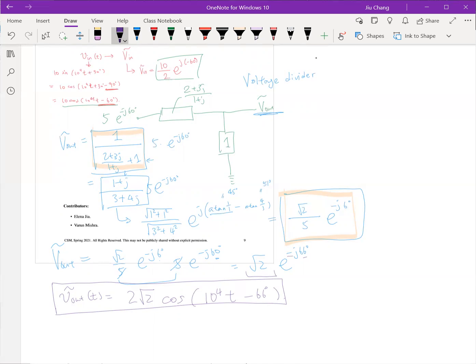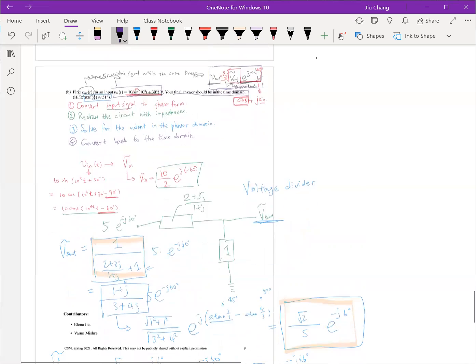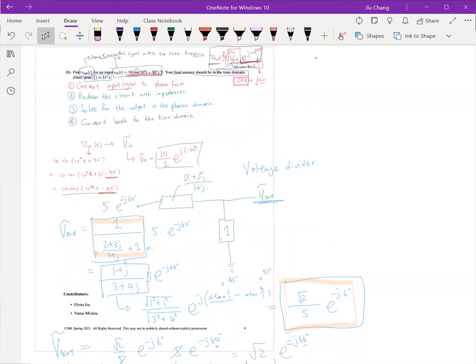It's a pretty long problem because we have 4 steps to do, but it's pretty formulaic, so I'm sure you will be able to solve this as long as we don't have a difficult circuit analysis problem.